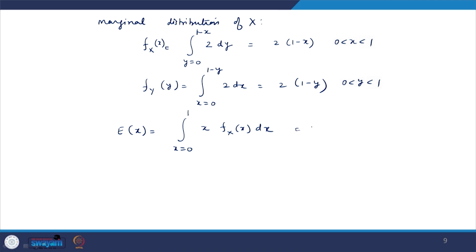So, this is the integral from 0 to 1 of x into 2(1 minus x) dx. So, this will be equal to 2 times (1/2 minus 1/3), that is 1/3. And similarly, expectation of y will again be 1/3, because it is symmetrical with respect to x and y.